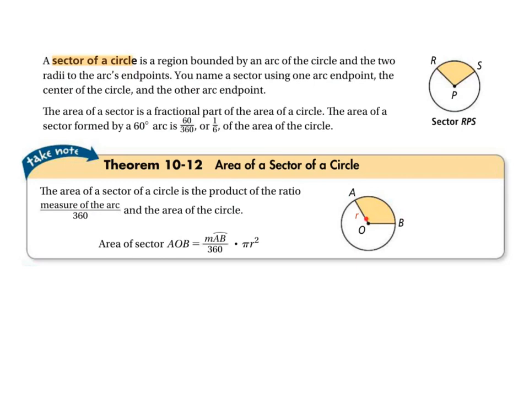If you wanted to know what the area of this shaded portion of sector AOB was, you would take the measure of arc AB, which is the same as the central angle's measure, divided by 360 to get a fractional amount, and then you multiply that by whatever the area of the circle is, as used in the formula pi r squared. Okay, so that's what we're going to do. It's a pretty straightforward concept. We're going to apply it now, so let's check it out.